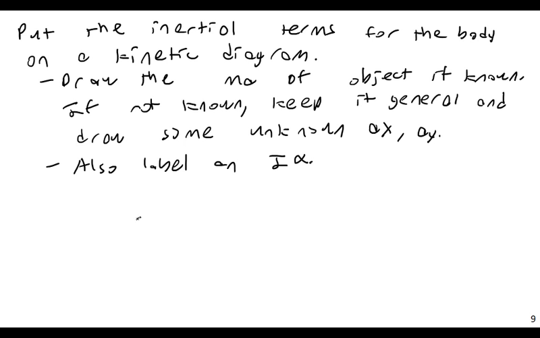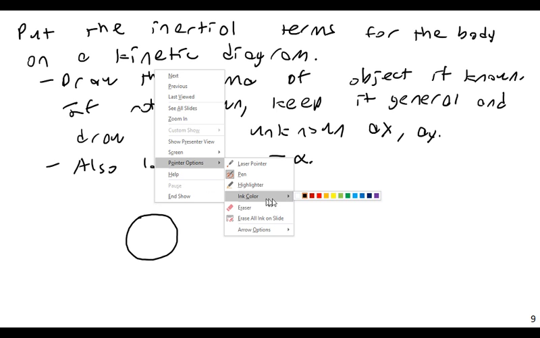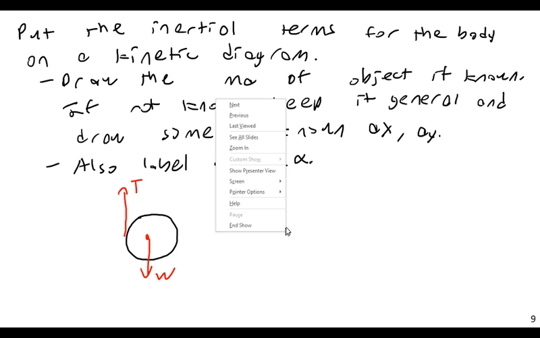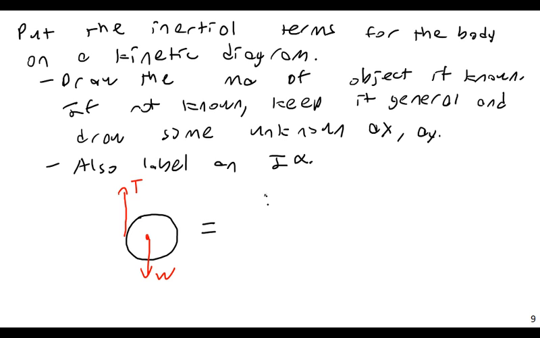So just like I had this system here with the weight and the tension, I should say, sorry, not torque. So I had this tension and then a weight here. Then I would say this is equal.